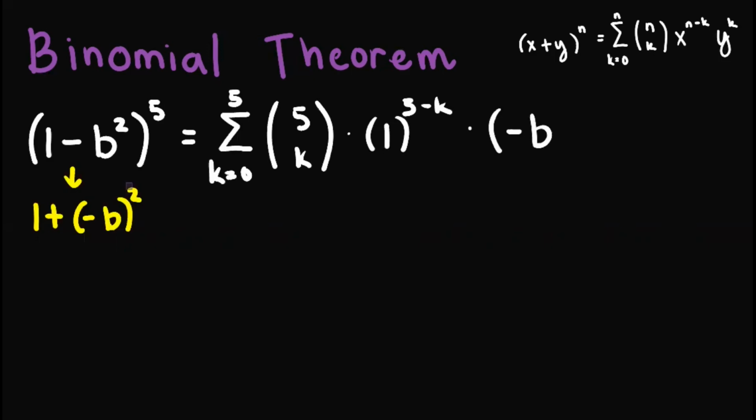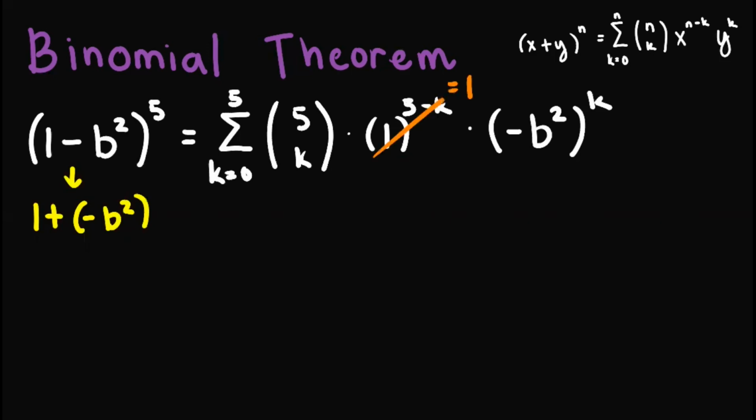Oops. The square should be inside. Right there. Negative b squared raised to k. Yep, that one. And observe here that we can actually simplify this even more, since 1 raised to any exponent will simply be equal to 1.